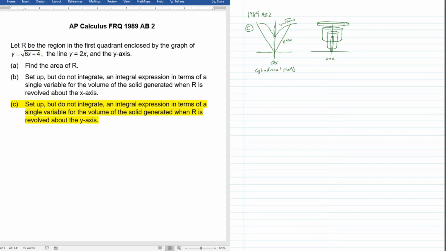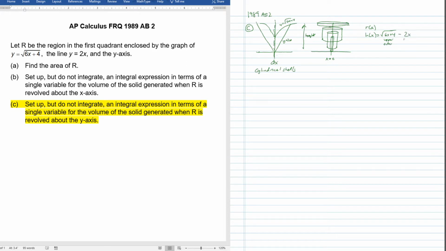Okay, so I need to figure out a formula for radius and a formula for height. In each of these cylinders, my height is determined this way. Radical 6x plus 4 is my upper height, or outer. 2x is what I use to cut it off.